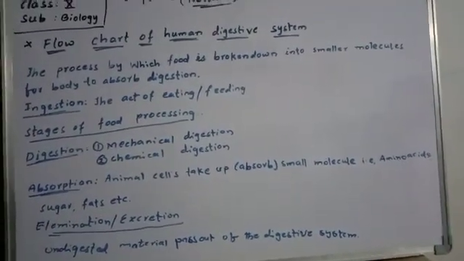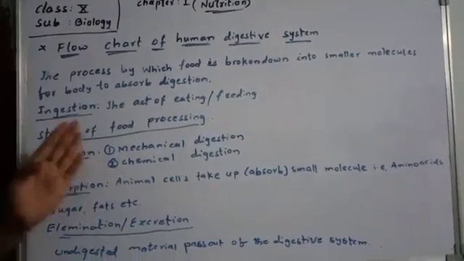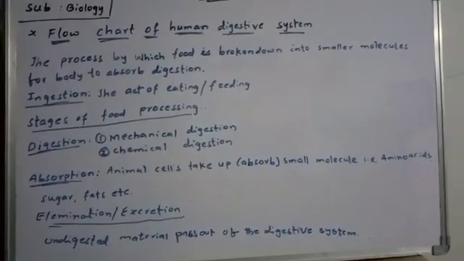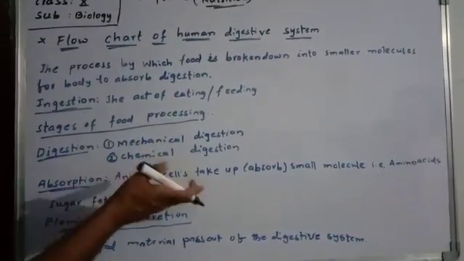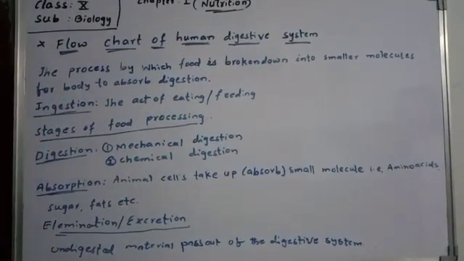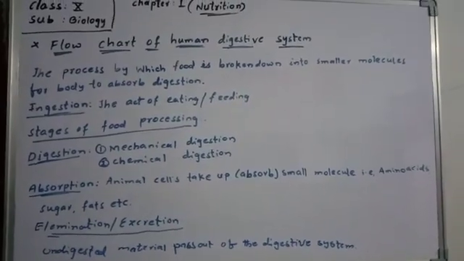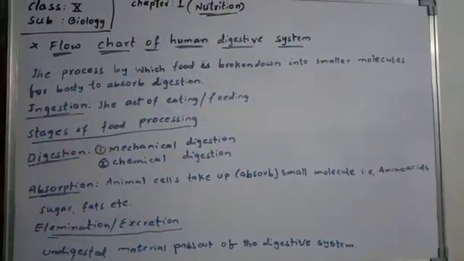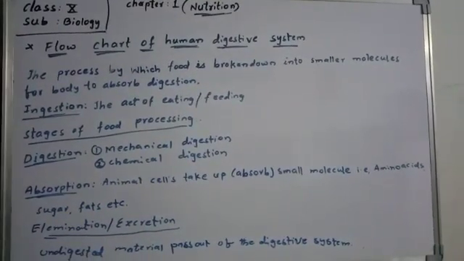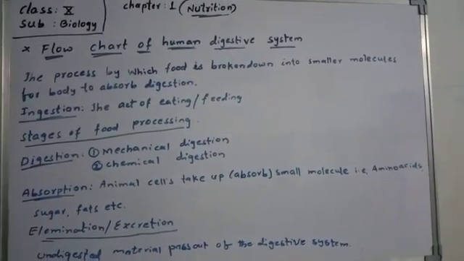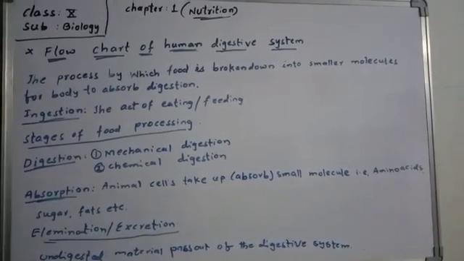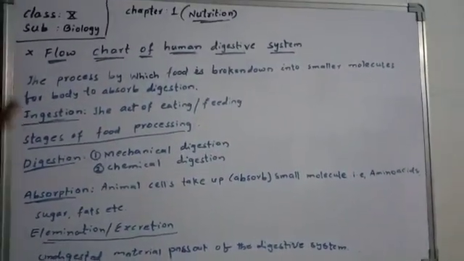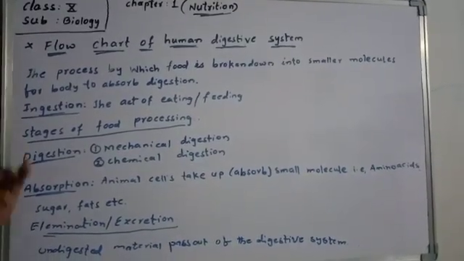I am going to explain both. Then absorption: animal cells take up, meaning absorb, small molecules such as amino acids, sugars and fats. Last are elimination and excretion: undigested material passes out of the digestive system. These are the steps.